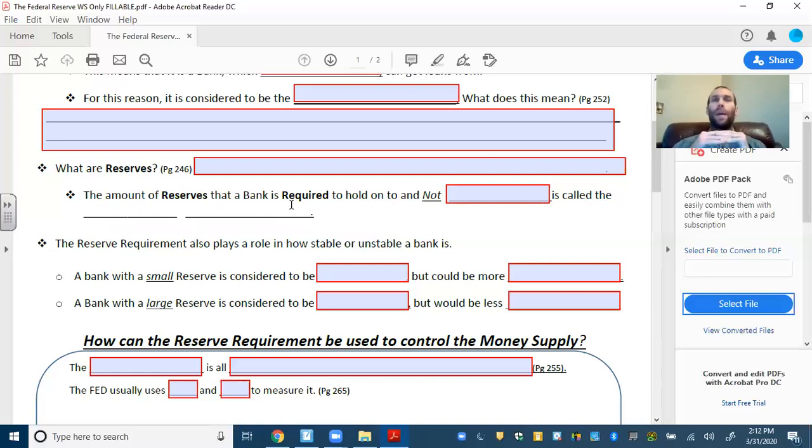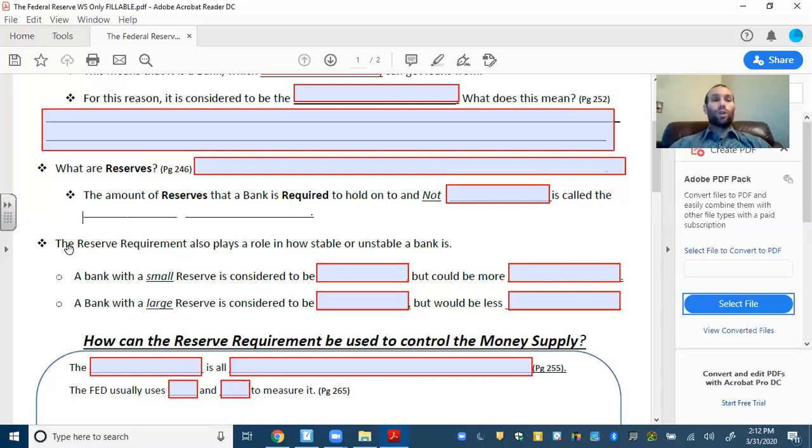However, if a bank goes ahead and wants to hold on to $15 or $30 or 30%, they can. It's called excess reserves. But they can never hold on to less than the reserve requirement. So if the reserve requirement is 10%, they can hold on to more, but they can never hold on to less, because it's the required reserve requirement.